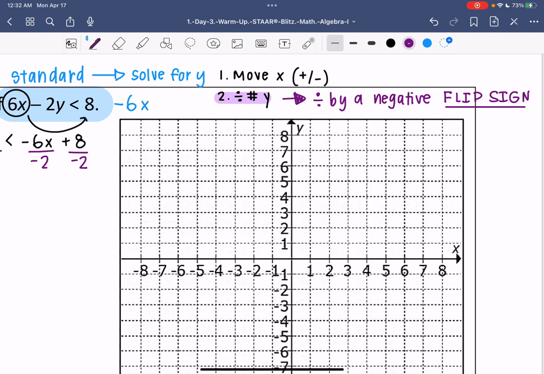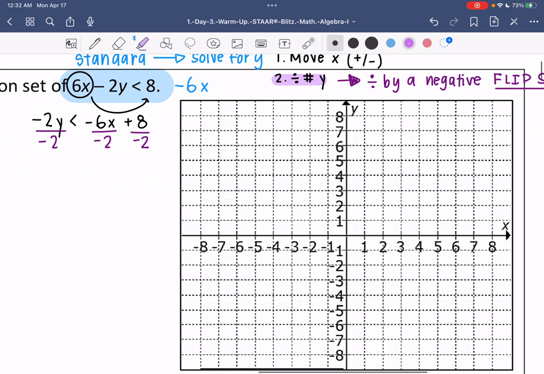So since we're dividing by that negative 2, y is now going to be greater than. This was a less than sign, so now it's y is greater than, and then you just do your math.